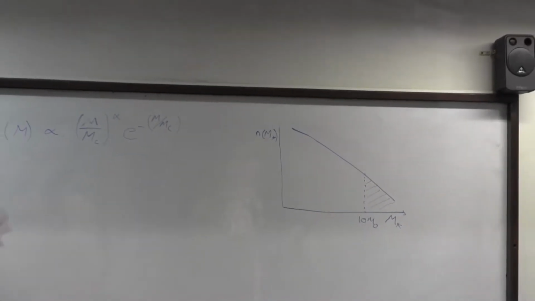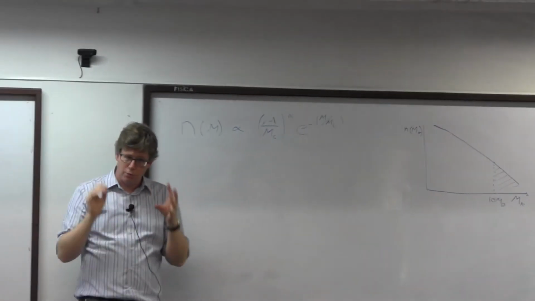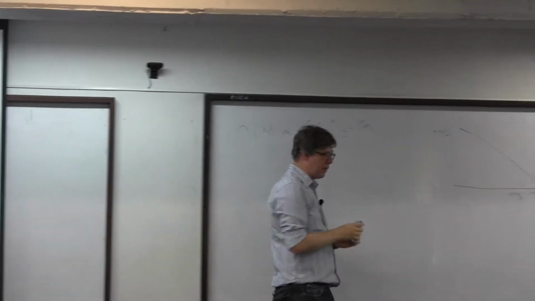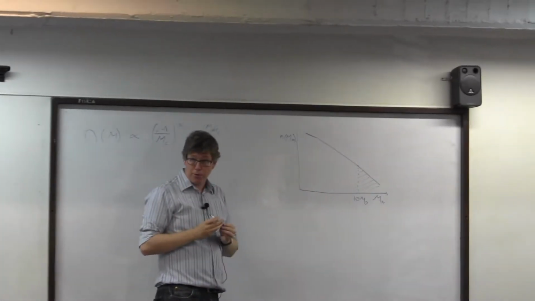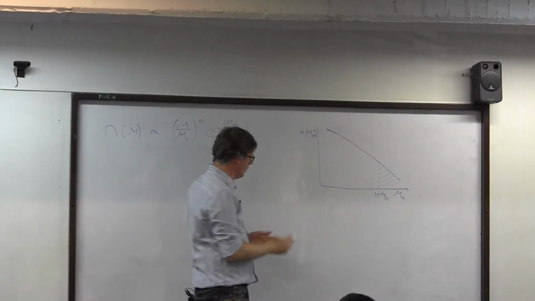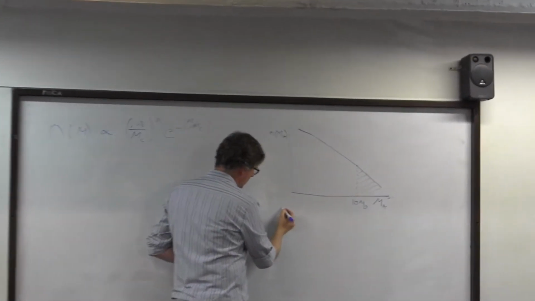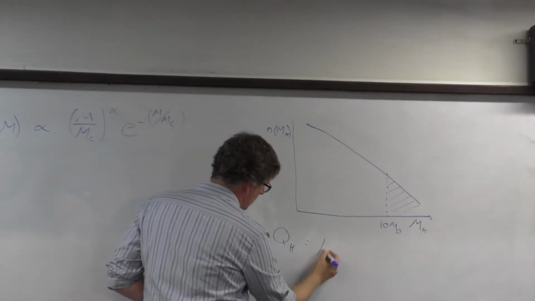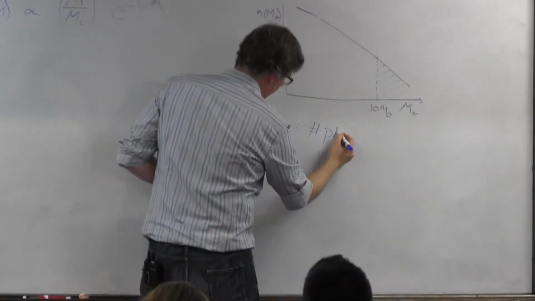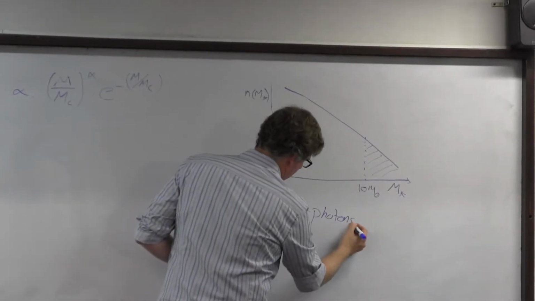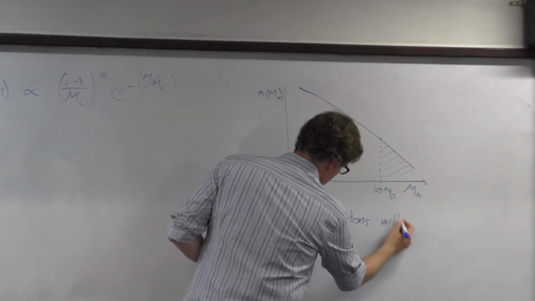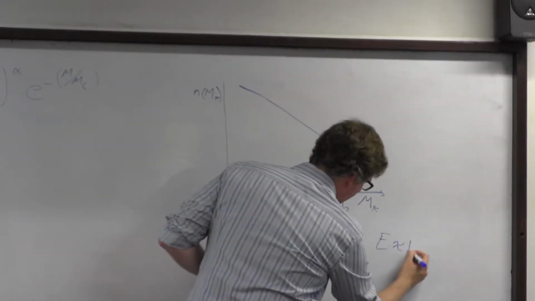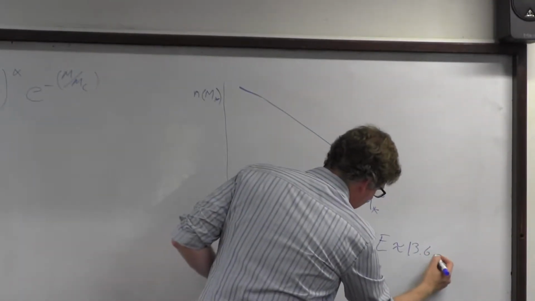If they're more than 10 solar masses, the crucial thing is that they produce a lot of photons with energy above 13.6 electron volts. So we take Q_H, the number of photons with energy around 13.6 electron volts.